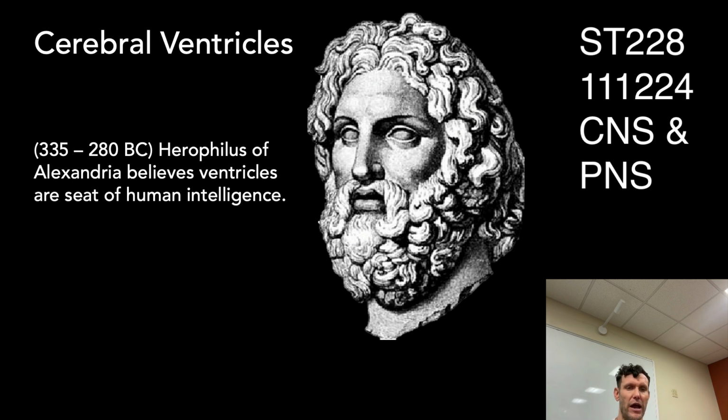He thought it's in the brain, but specifically, he thought it was in the big holes in your head, the ventricles. There are these empty, void spaces in the brain. He thought ventricles were the seat of human intelligence.